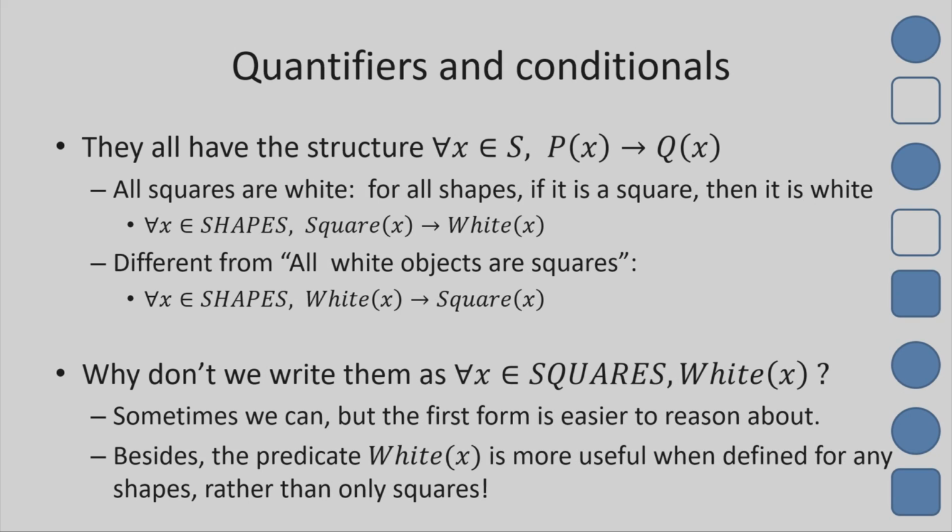So similarly here, you don't want to define the predicate white separately as a predicate about squares, and separately as a predicate about circles, and separately as a predicate about triangles and something else. In most cases, it's good to take the set to be as general as makes sense in context.